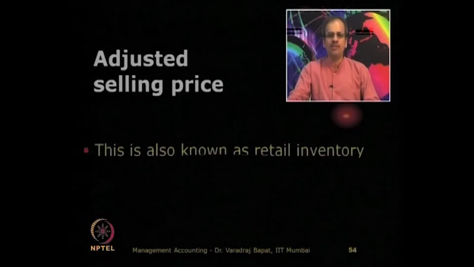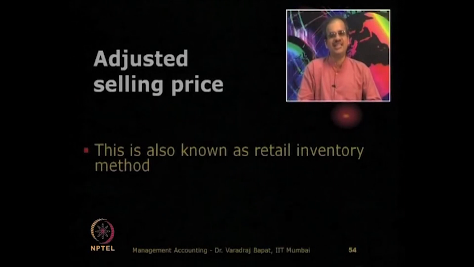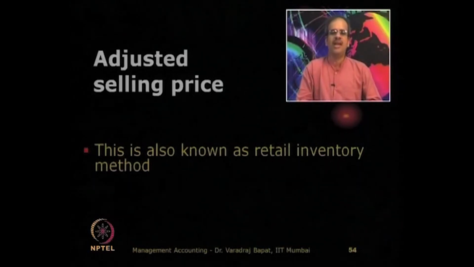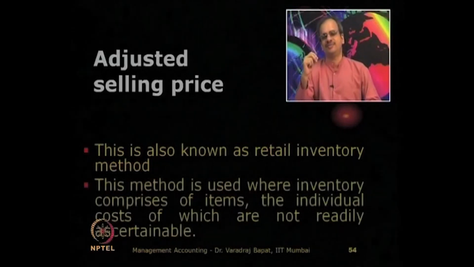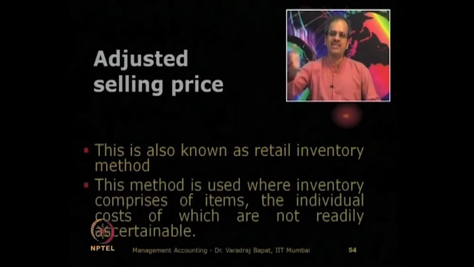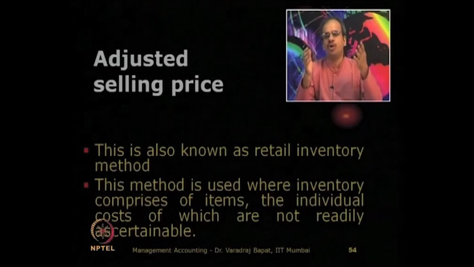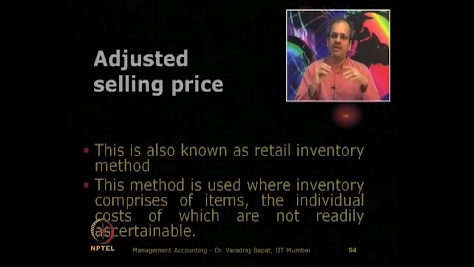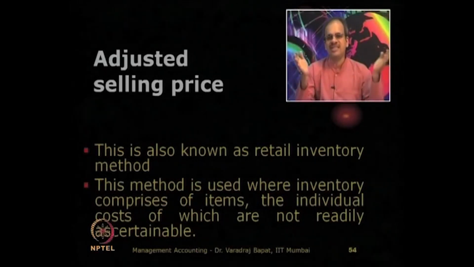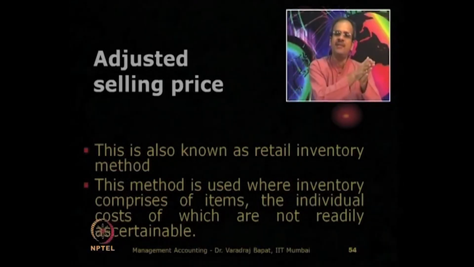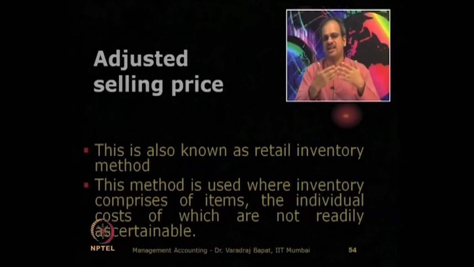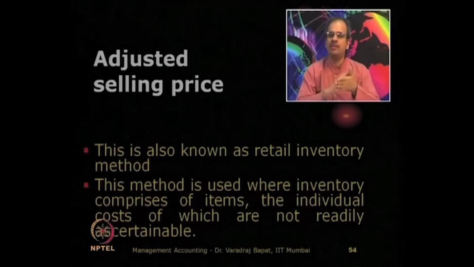There are also some more methods, that is known as adjusted selling price. Now, sometimes it is very difficult to even know the cost of the items, because items are purchased a number of times. There may not be a proper record of the cost of items purchased at different times, but they may be aware of the selling prices, especially in retail industry, because the MRP is given on the pack.